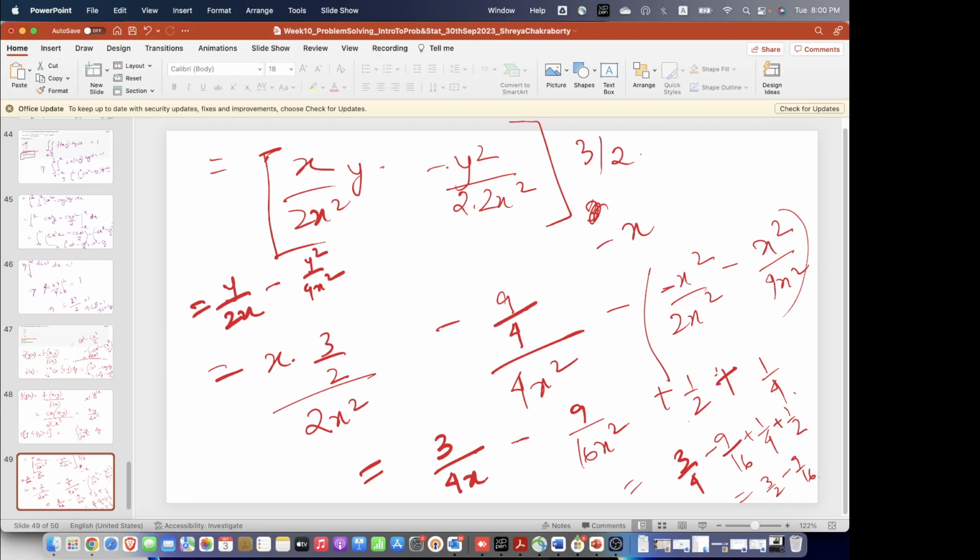So here instead of 3 by 2 we would substitute by 1. So from here you would substitute from minus 1 to 1, alright.